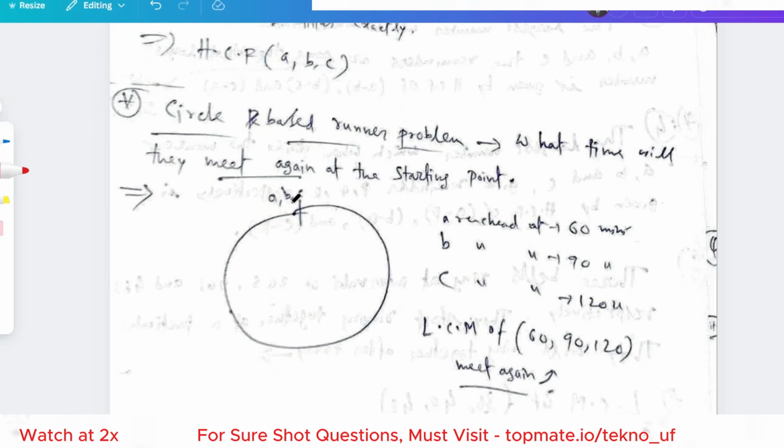So how to calculate these problems? Just find the LCM of these minutes. If A reaches at 60 minutes, B at 90 minutes, and C at 120 minutes at the starting point, then if you calculate the LCM of these minutes, you will get when they will meet again at the starting point.